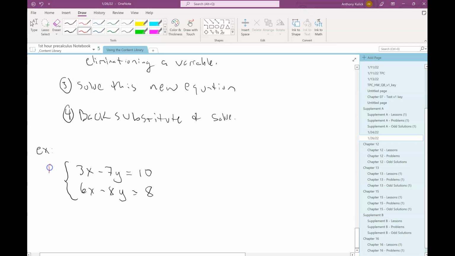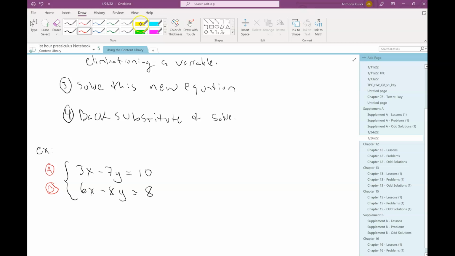For notational purposes, I'm going to refer to the first one as equation A, and the second one as equation B. So what I'm going to do is multiply one of the equations or both of the equations by some numbers so that when I add the two equations together, one of the variables will cancel out.